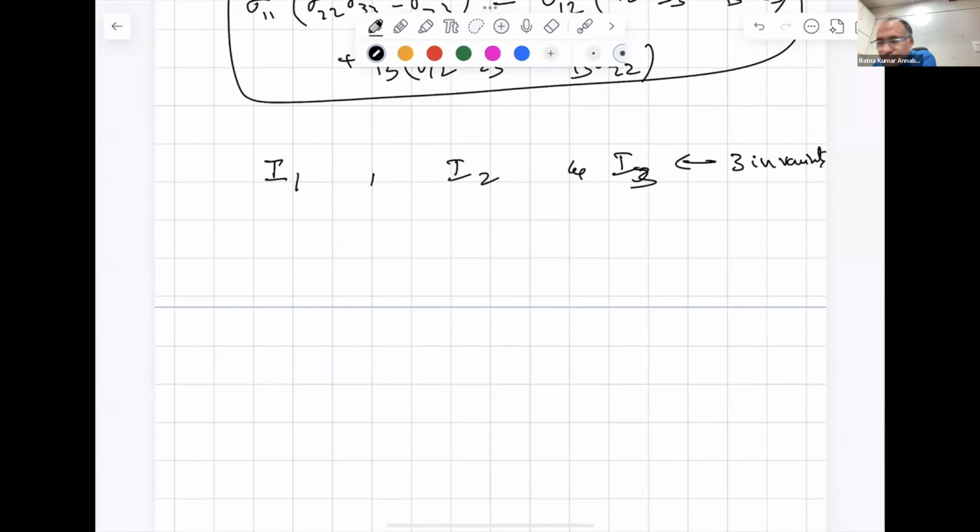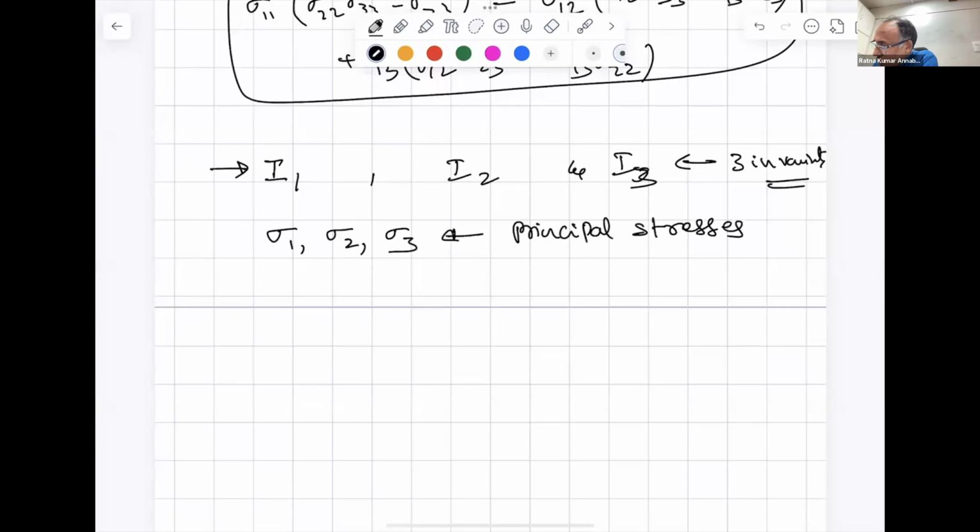They do not change. Either these 3 can be your invariants, or you can also have sigma 1, sigma 2, sigma 3, the principal stresses, are also invariants. What is the meaning of that?